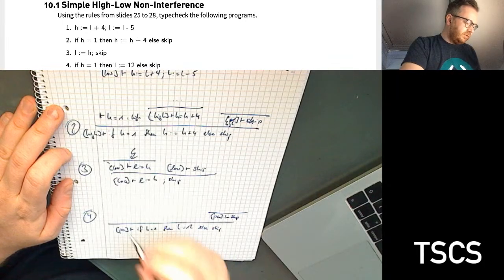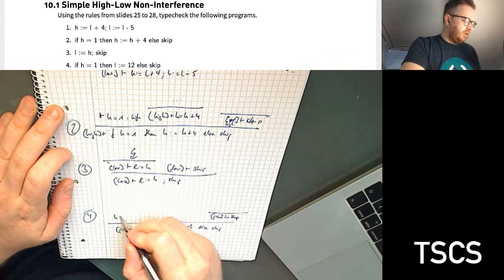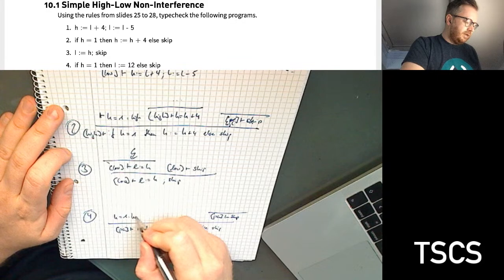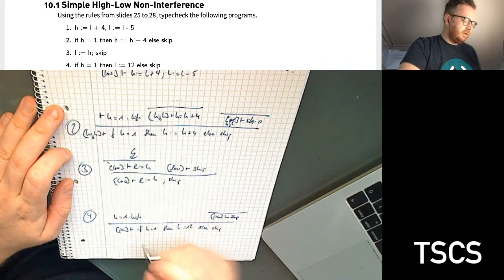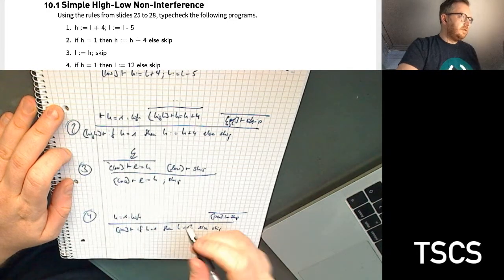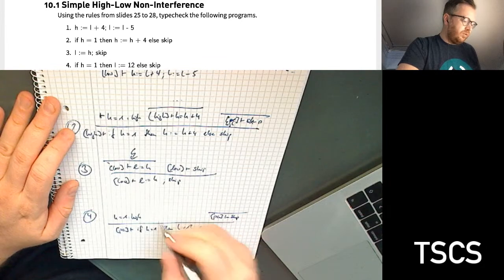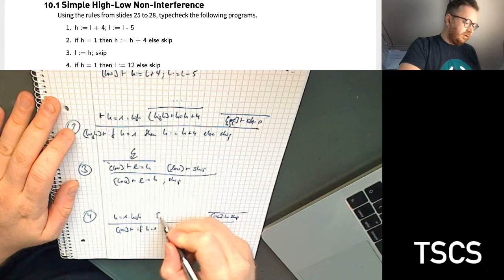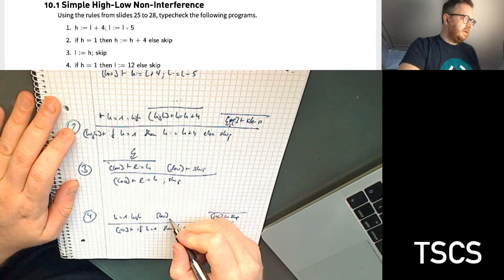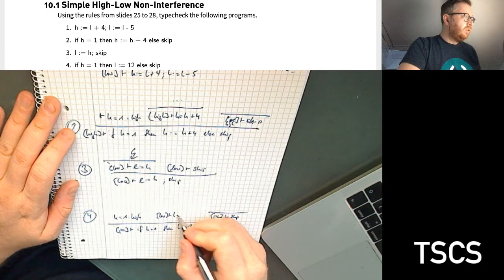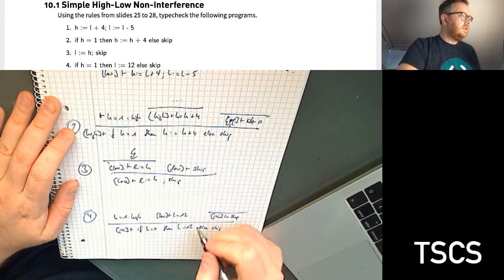Then we would like to type the condition, and the only way we can type that is as high. And the only way we can type this assignment here is in the low context, which means that this would be 12.